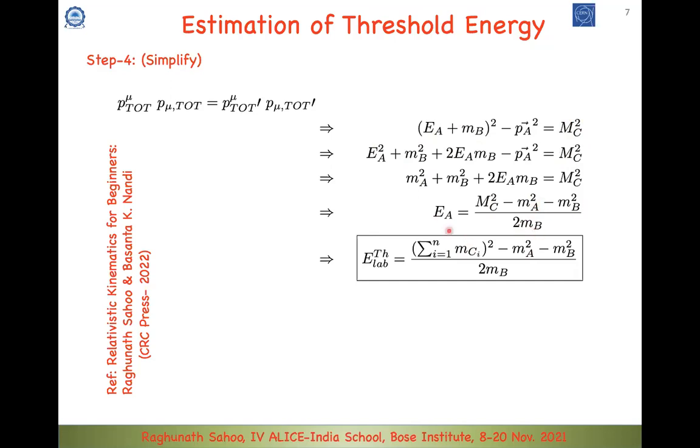So now I identify E_A as the laboratory energy, because one was a fixed target and another was coming and colliding. I remind you to recall the Bevatron antiproton production. One proton was static, another proton was coming with 6 GeV energy. So that was colliding with this, and you are looking at the production of antiproton, P bar.